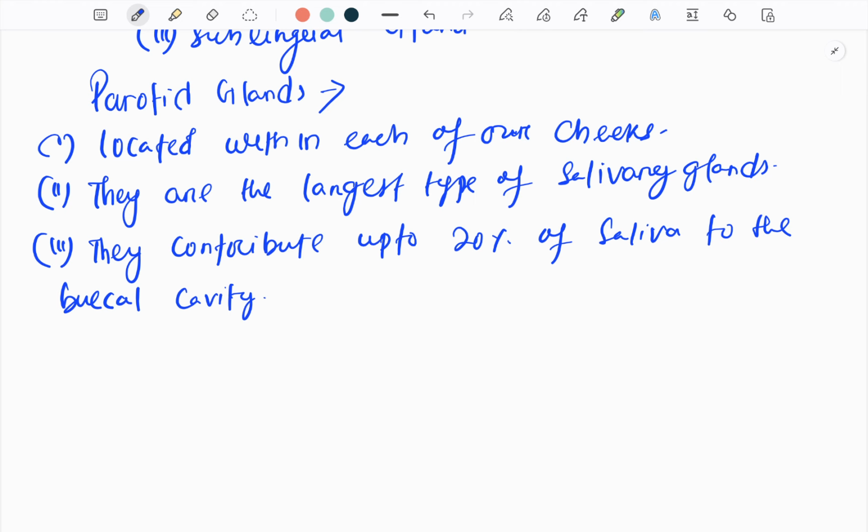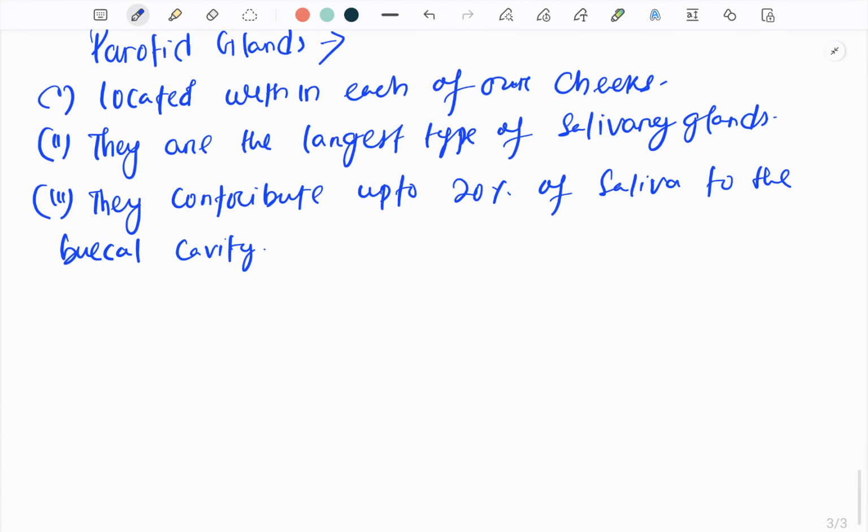They contribute up to 20% of saliva to the buccal cavity. The next type of salivary glands are submandibular.